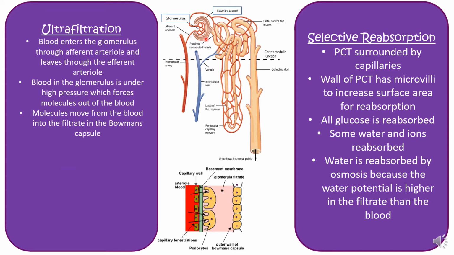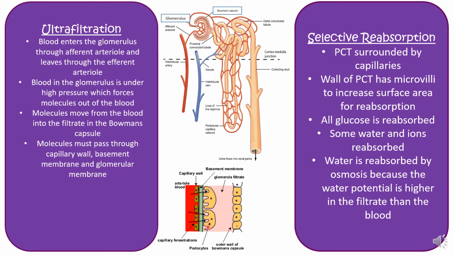The molecules have to pass through. So if you look down here, this is the capillary within the glomerulus. The molecules have to pass through the capillary wall. They have to pass through a basement membrane of the glomerulus. And they also have to pass through the glomerular membrane. These here are special cells called podocytes. You don't need to know that for A level, but that's what they are.